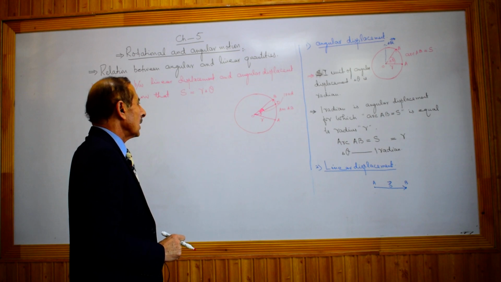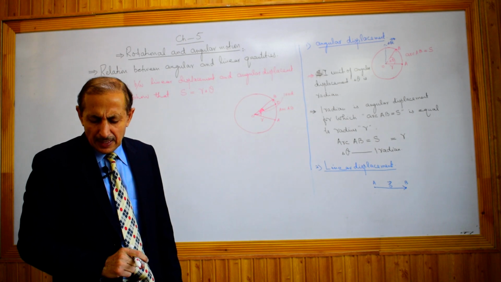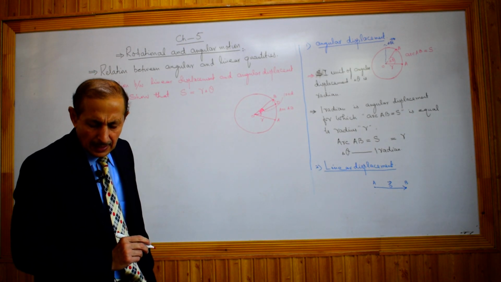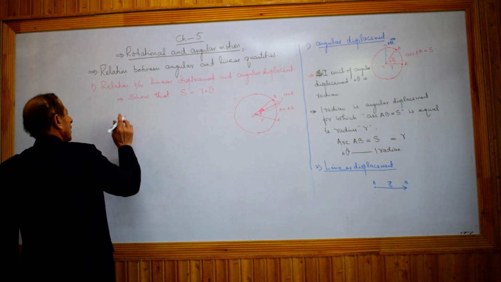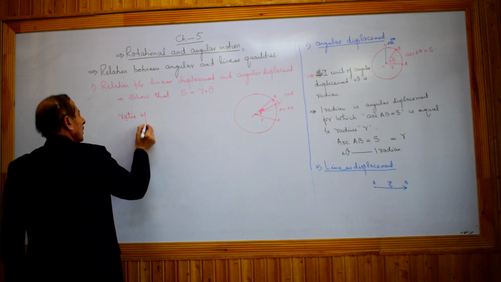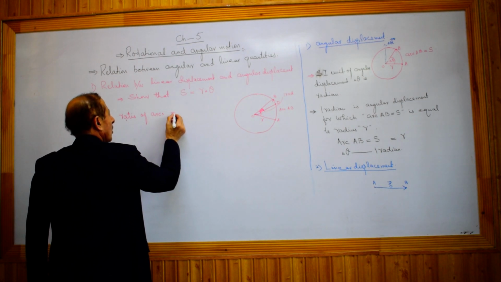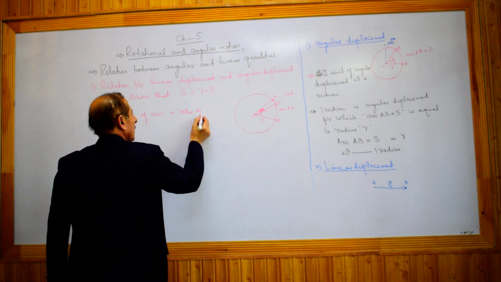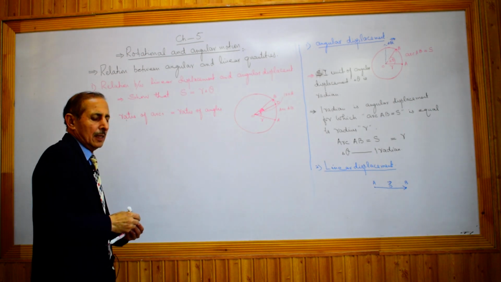Now we will find out the ratio between the lengths of the arcs and the ratio of the angles. So we know that the ratio of the arcs is equal to the ratio of the angles.